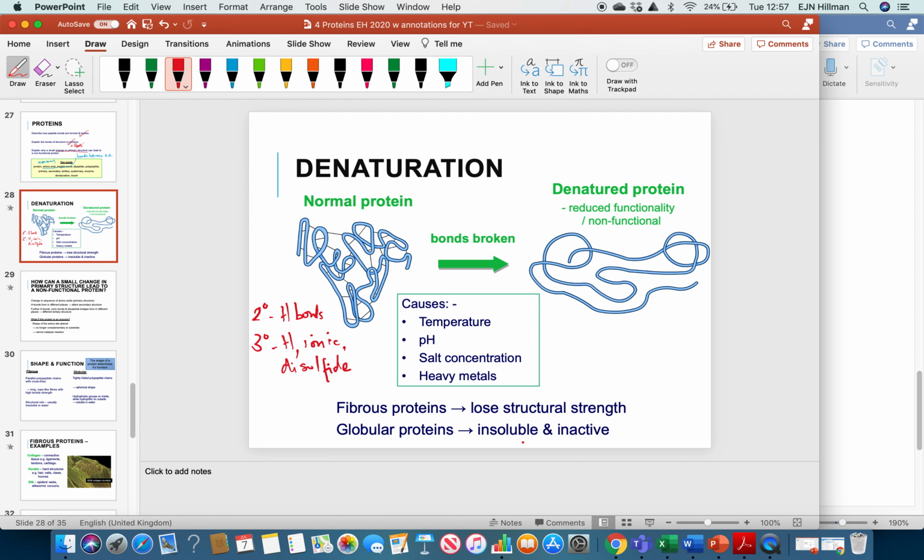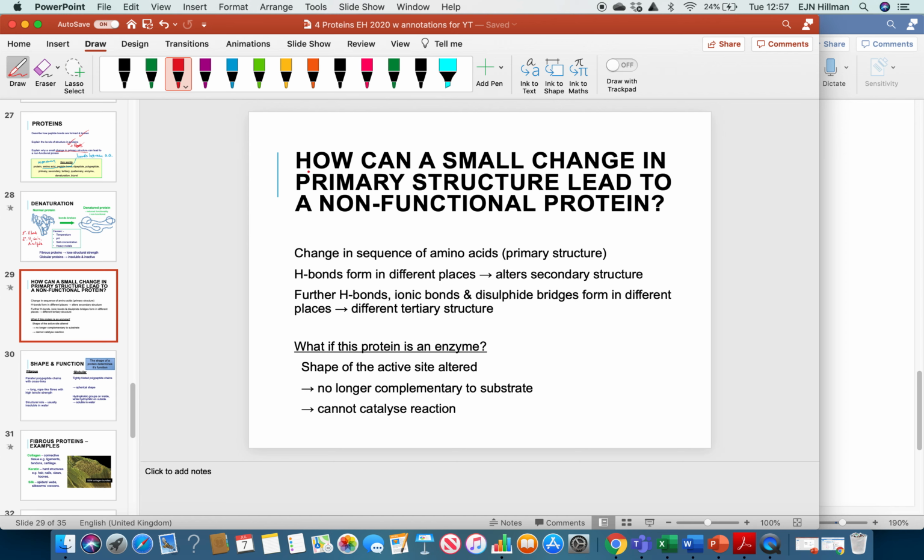So, a fairly typical and common question that arises in biology follows this theme. How can a small change in the primary structure lead to a non-functional protein? Now, the question won't always be like this, but the concept or the principle here comes up a lot.